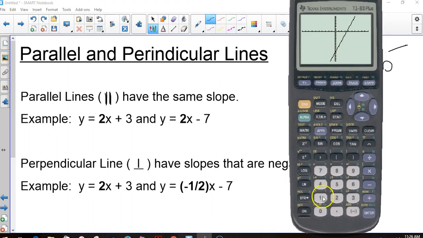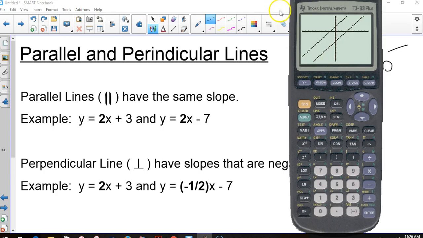If I graph both of those on the same grid, they'll never intersect because the slopes are the same. So think about driving down a 2-lane highway and both of you guys are going at the same exact rate, at that same speed. One's never going to cross over the other.